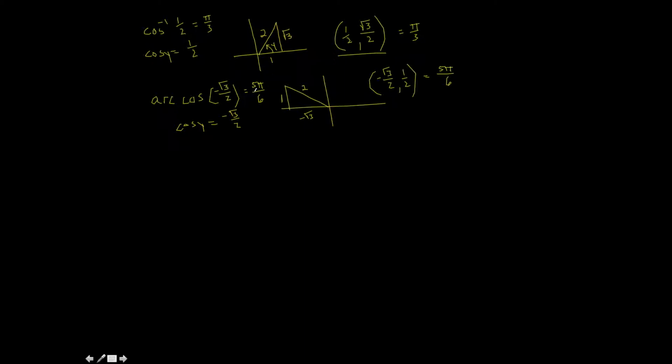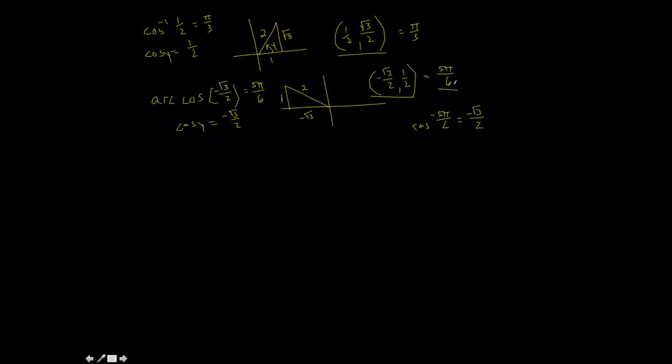Now, why can it not be negative 5 pi over 6, even though a common answer for this is negative 5 pi over 6, because the cosine of negative 5 pi over 6 is negative square root of 3 over 2? Number one, when you set your point up, you can relate it back to the angle, and you won't have to wonder about negative 5 pi over 6.